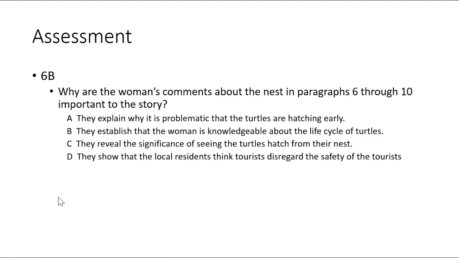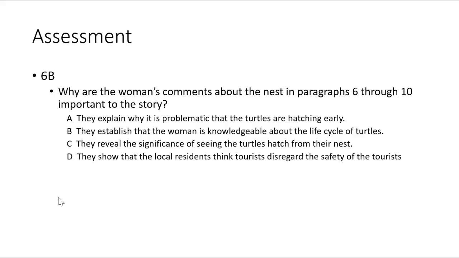6B, why are the woman's comments about the nest in paragraphs 6 through 10 important to the story? So they're talking about a character, the woman, and then you have to go to specific paragraphs, pull out the comments about the nest, and then determine why they're important. That's a lot of steps to answer one question.